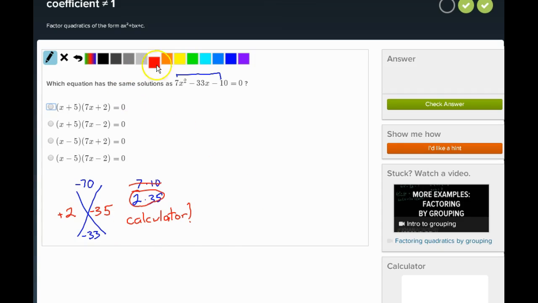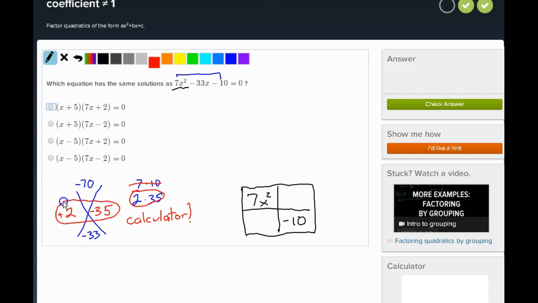And then we can finish it up, make the box. So we have here, and we'll use 7x squared. And we'll use -10. My other two numbers will be right here. So I'll have 2x and -35x.